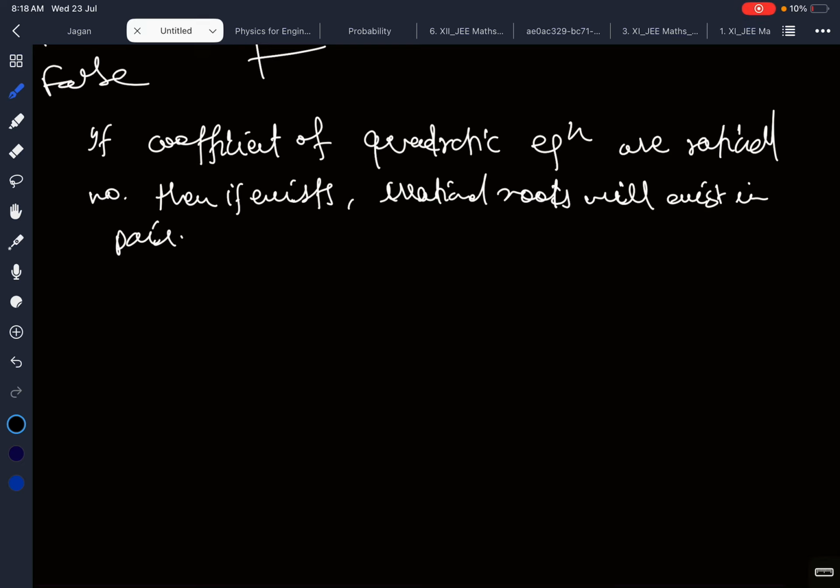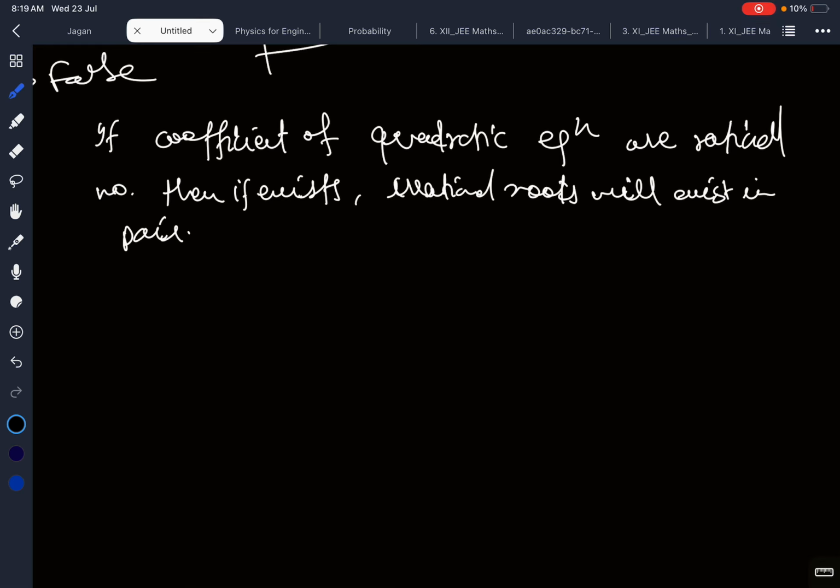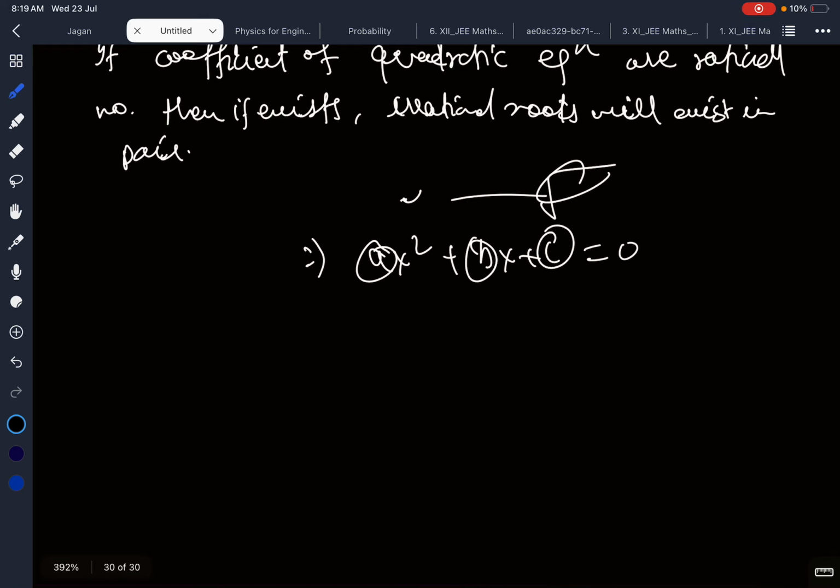Like if the coefficients are rational numbers, then we can take a quadratic equation of the type ax square plus bx plus c is equal to 0, where a, b, c are given as rational, and one of the roots is an irrational number.